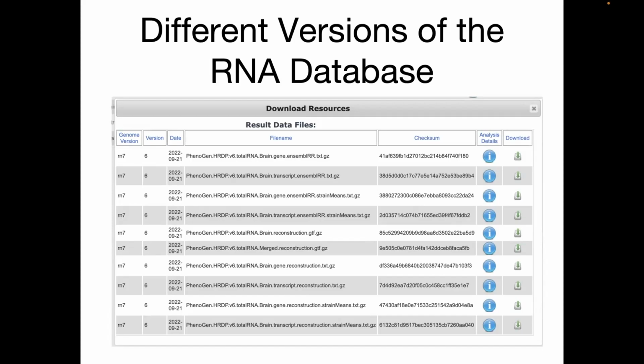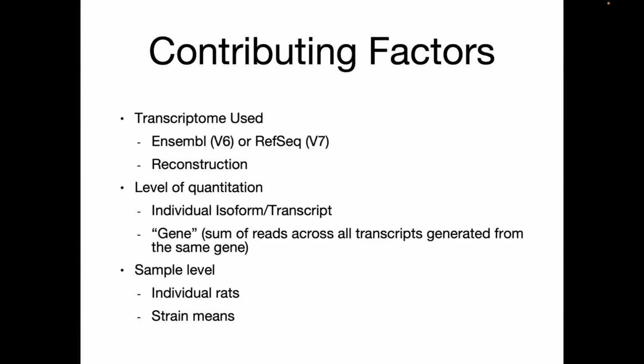So what we do is we actually have 4 factors that contribute to our different data sets. The first is that we use either Ensembl for version 6, the version that's up right now, or in our coming version 7, we have switched to RefSeq.